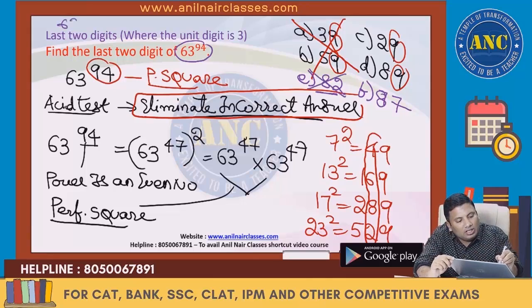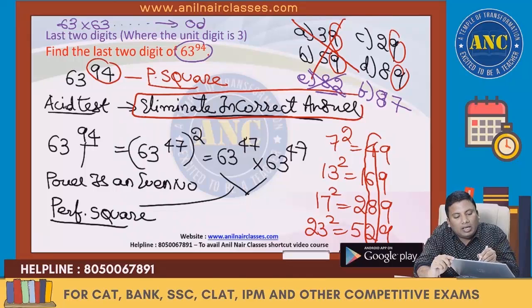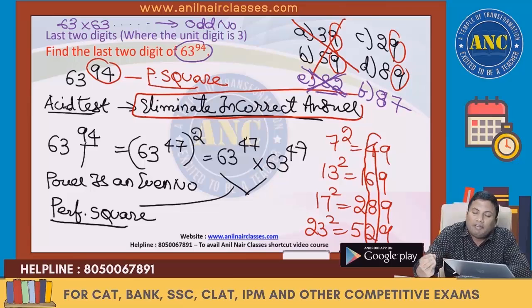Because 63 power 94 is 63, 63, 63, and 63 is an odd number. An odd number multiplied any number of times will be an odd number. So 82 is incorrect. If you find an even number, it cannot be right because 63 is odd, and odd multiplied any number of times gives odd.